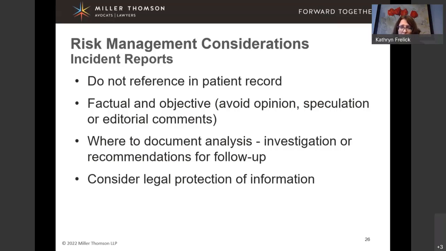Aside from the factual description that is in the component of the incident report, consider how to address the analysis or follow-up.